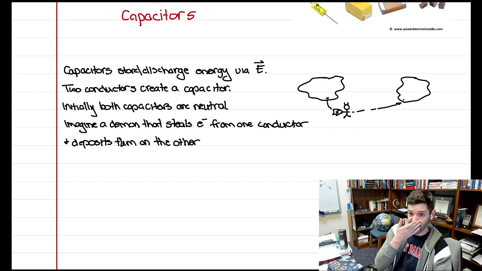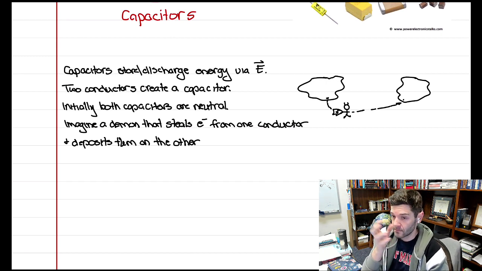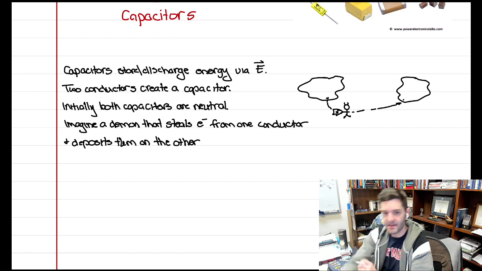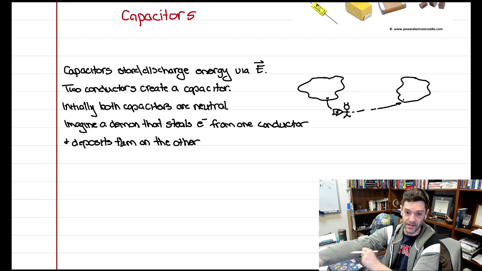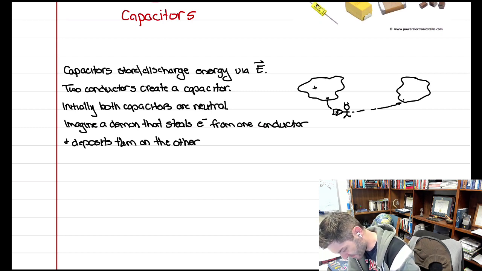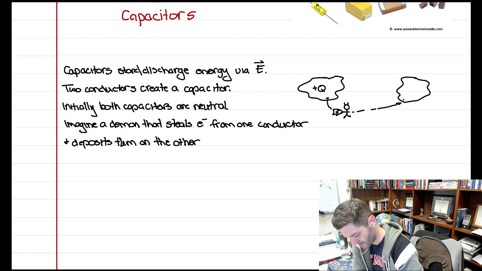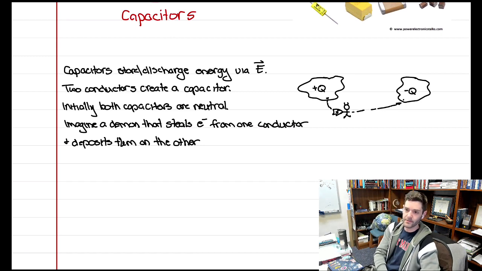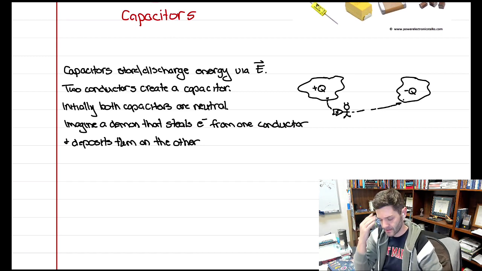As it does this, and it just starts moving electrons along, there's going to be a net charge that builds up on both conductors. As it robs electrons from the left conductor, eventually there's a positive Q excess charge that forms on the left, and as it drops the electrons off, there's a negative Q excess charge that builds up on the right.